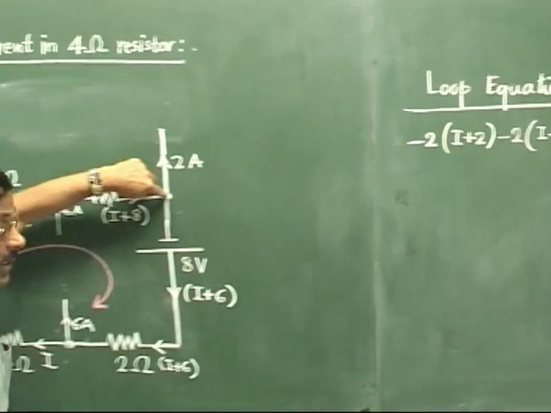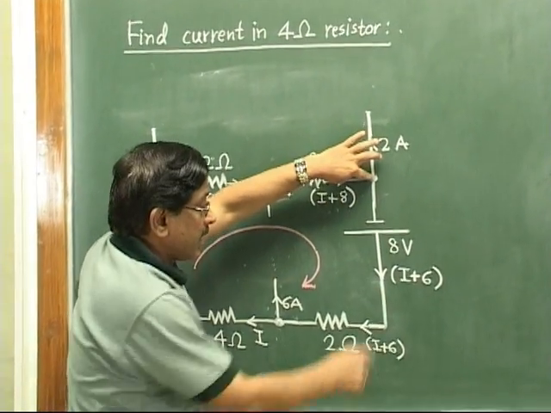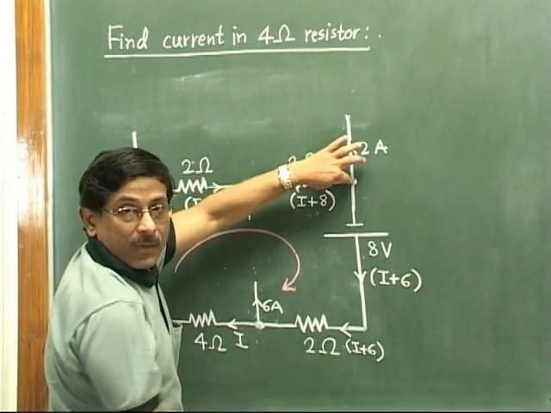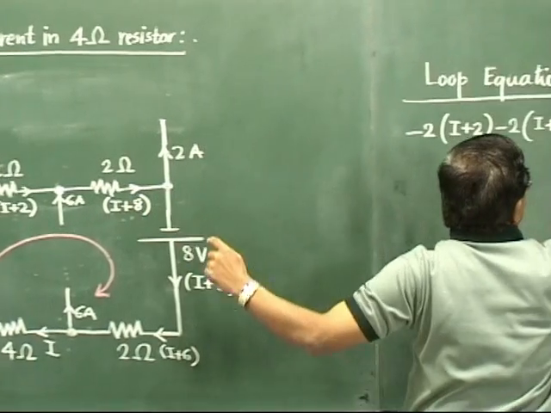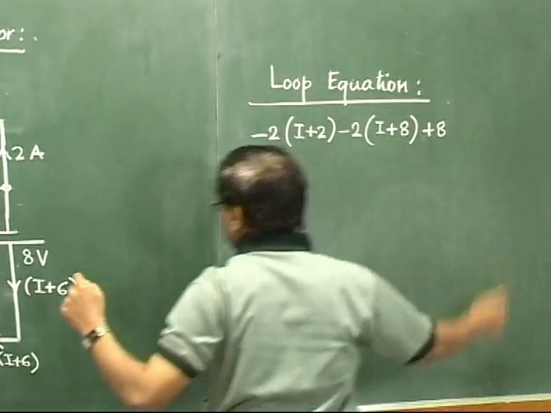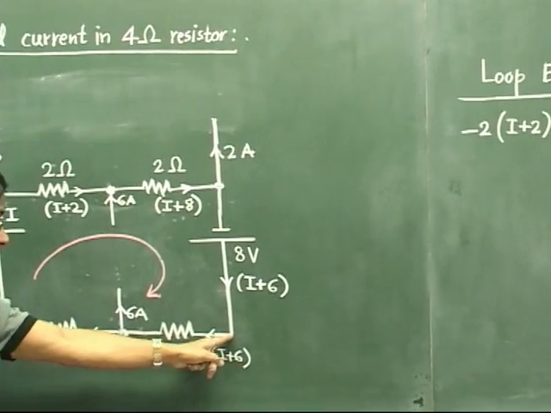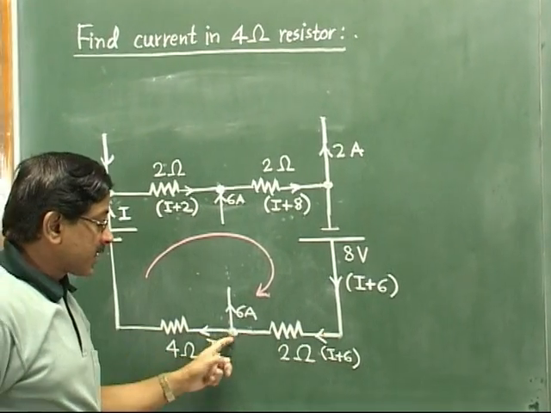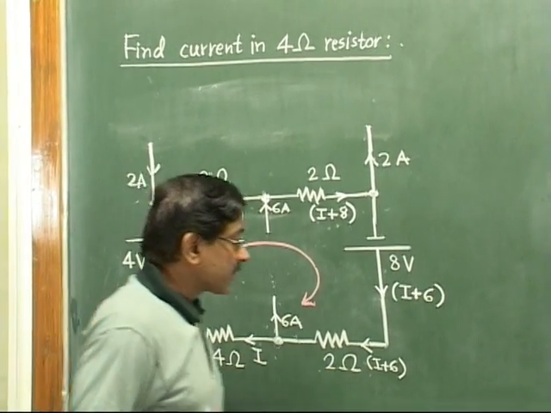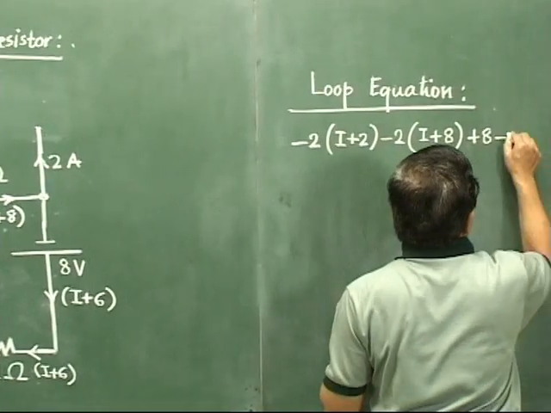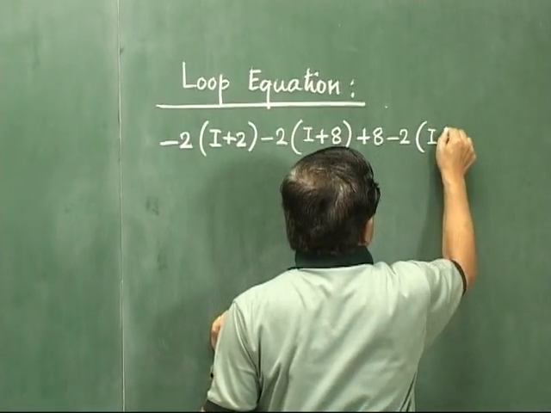Now we have reached here. We come down. Here from negative to positive plate we are jumping, so voltage rise, plus 8. Now we have come to this point, then left. This resistor is 2 ohm, current is I plus 6, again a drop. Minus 2 times (I plus 6).